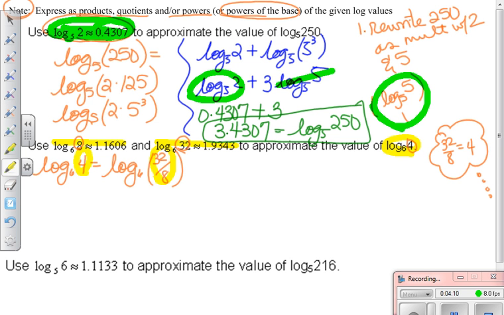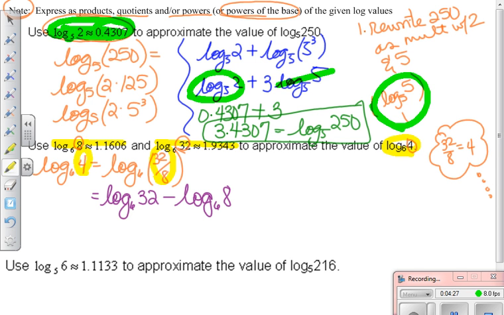Well, once I've done a division problem, then if I apply my log rules, that means the log base 6 of 32 minus the log base 6 of 8, just applying division means subtract.